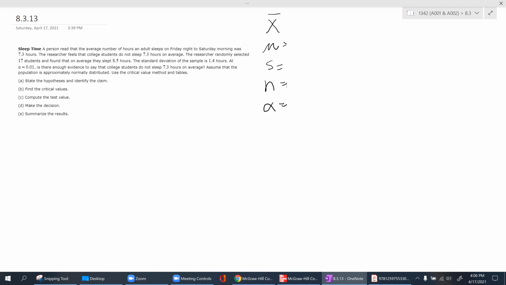A person read that the average number of hours an adult sleeps on Friday night to Saturday morning was 7.3 hours. A researcher feels that college students do not sleep 7.3 hours on average.